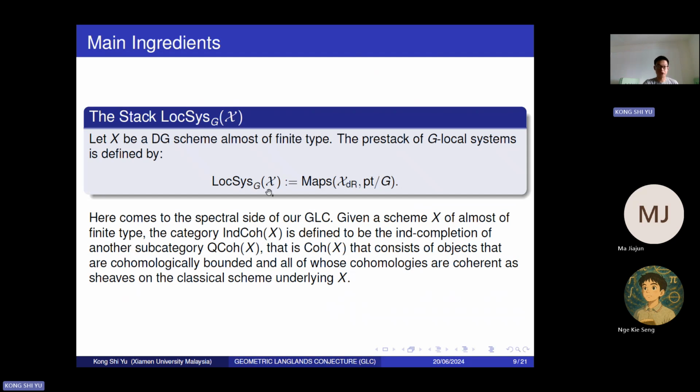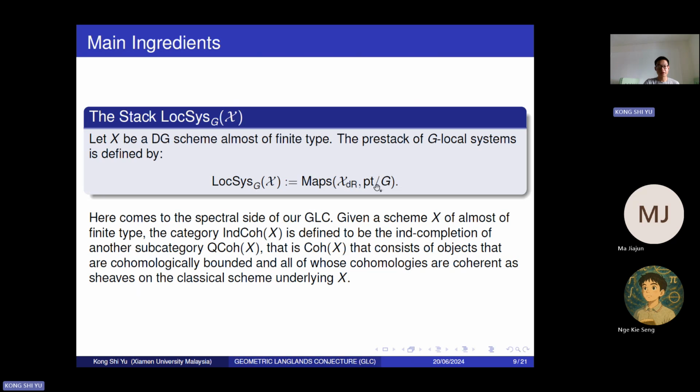One of the ingredients is the local system. Here we use the definition of almost finite type. The prestack of G-local systems is defined as follows, which also uses the mapping stack, and here you also use the de Rham prestack.